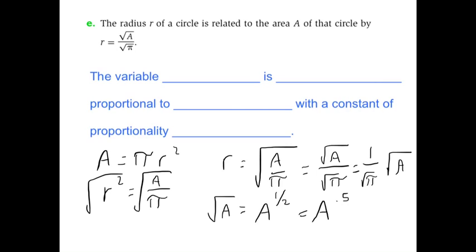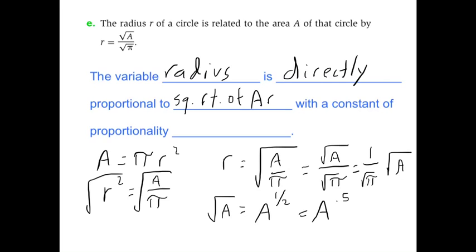So to write this into a sentence, the variable radius is directly proportional to the square root of area, and yep, that's a little bit complicated, but what can you do? The variable radius is directly proportional to the square root of area with a constant of proportionality 1 over the square root of pi. Again, pi is a constant, not a variable in this case.